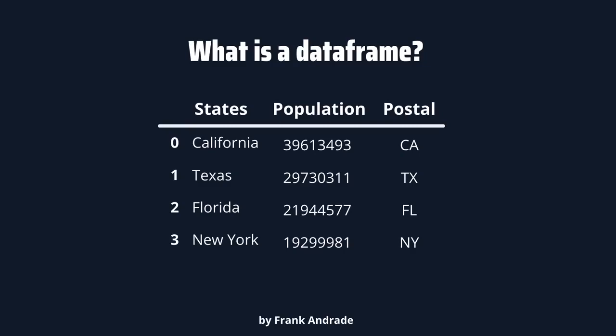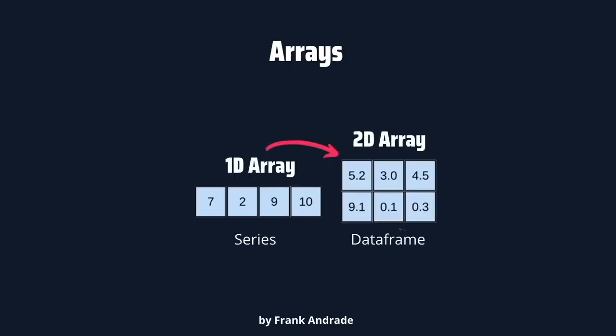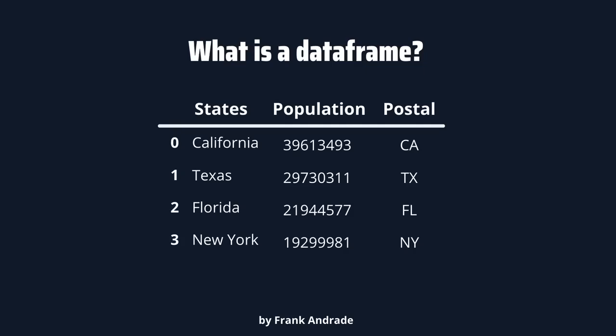One is the row and the other is the column. The column is also known as a series. So what we've seen before, this one-dimensional array, a series, is a column. This is another name for the columns in a Pandas data frame.